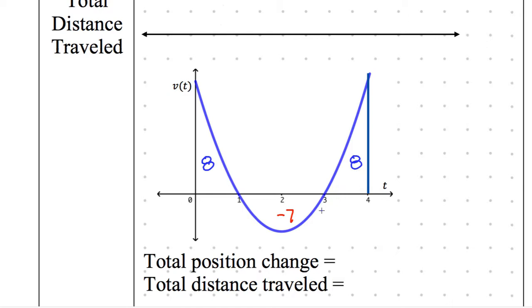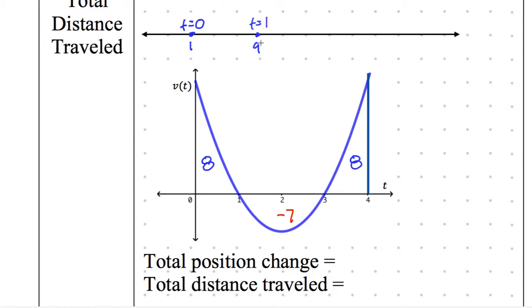So just from yesterday, position change means that, say I started, let's just make up a number, at position 1 at time equals 0. That means at time equals 1, I'm 8 more to the right, if I'm going to the right. So let's say that this is time equals 1. I'm now at position 9.